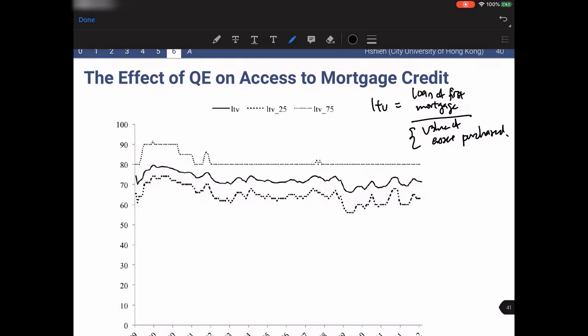So what happened around this time? So this is the line in which the announcement of QE. We see that LTV actually dropped. So what this means is that the loan size is actually smaller, most likely smaller.